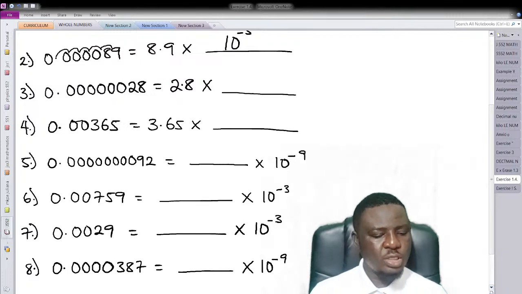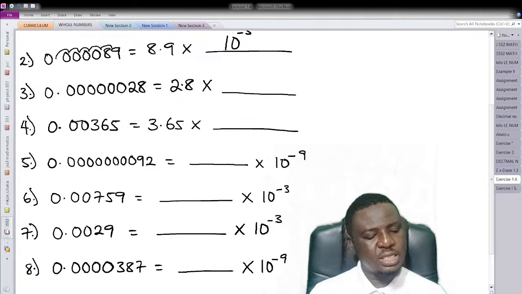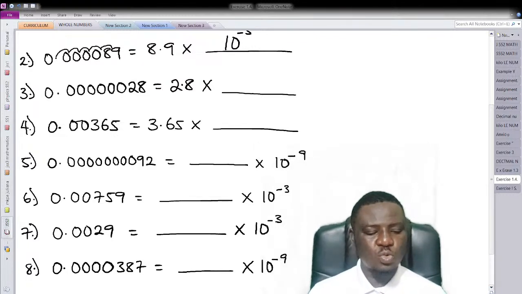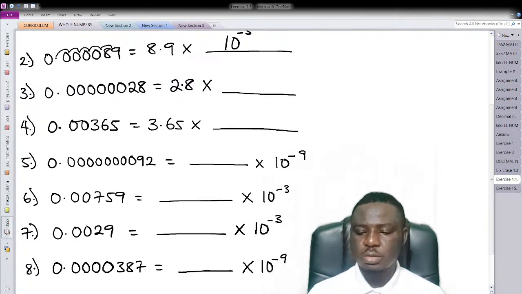Sarah said the answer to question number 6 is 7.59 times 10 to the power 9... 7.59 times 10 to the power minus 9. Sarah, look at question number 6 again, your answer is wrong.